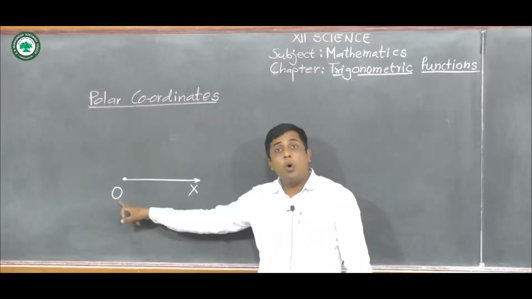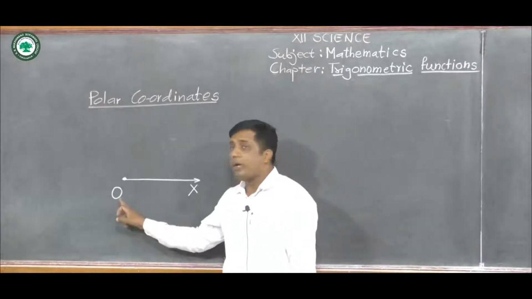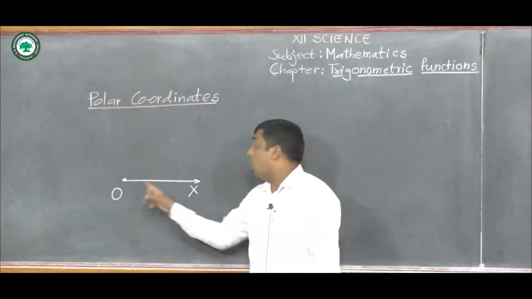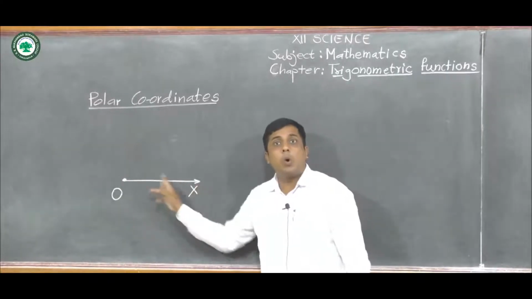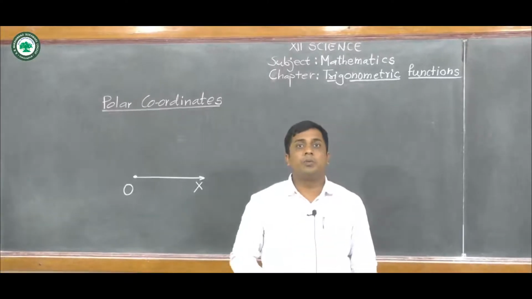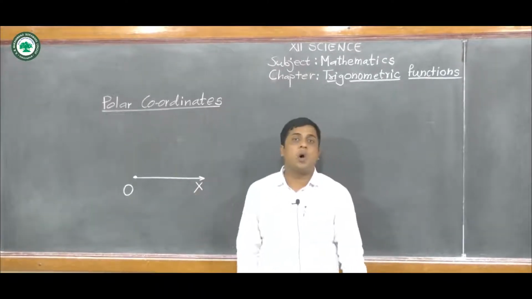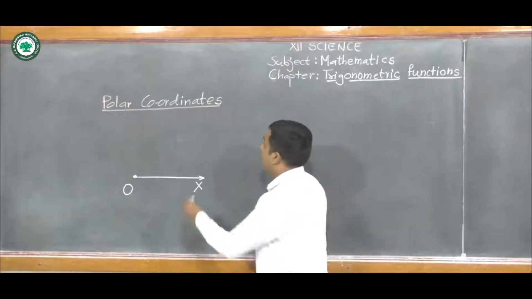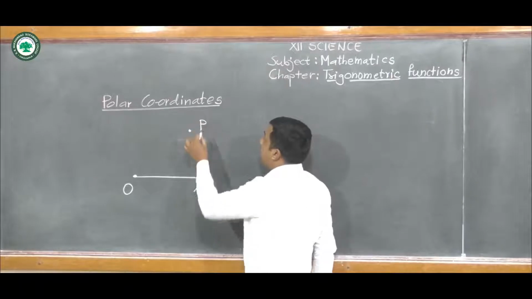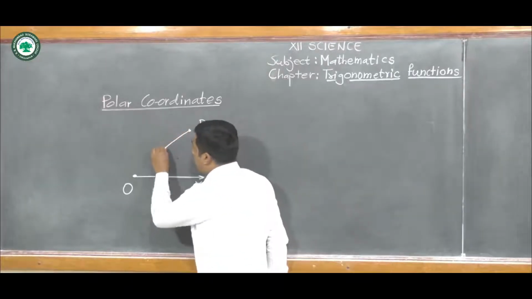Here this point O is called the pole, and this ray OX is called the polar axis. Now by using this polar axis, we have to define the polar coordinate. Let P be any point in the plane. Let's join this OP.